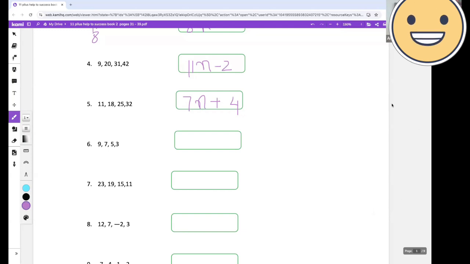Anybody have this answer? No? Tanvi, do you want to give the answer? 2n minus 2. No, not minus 2.